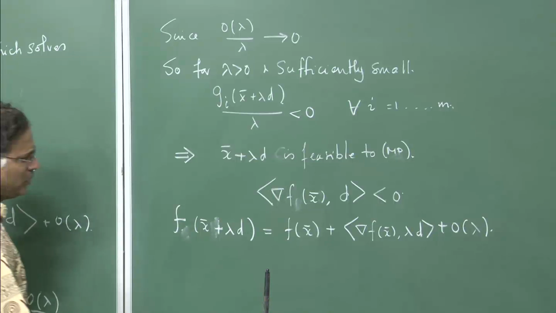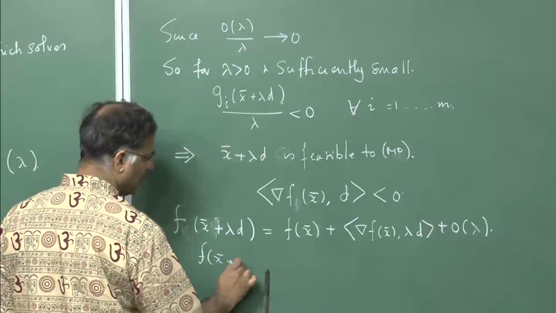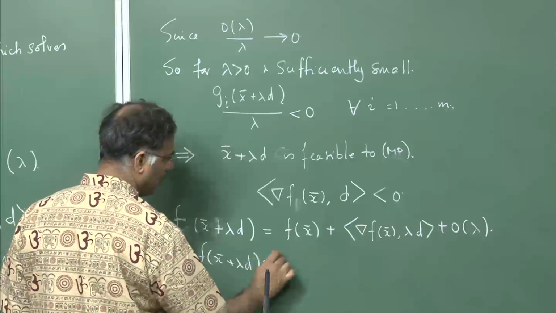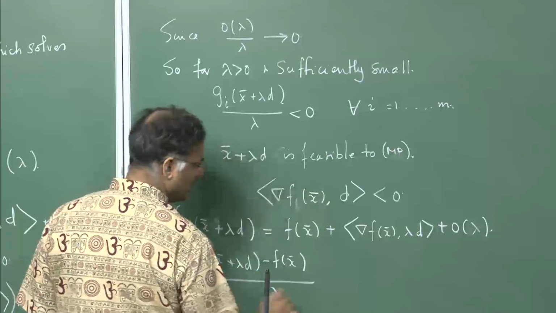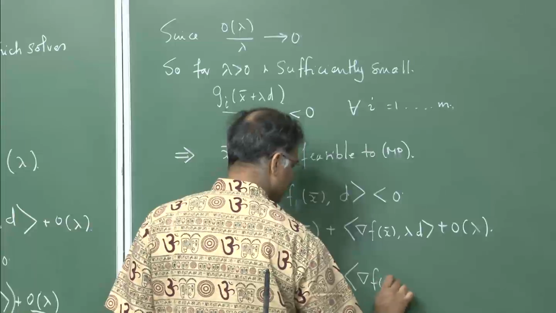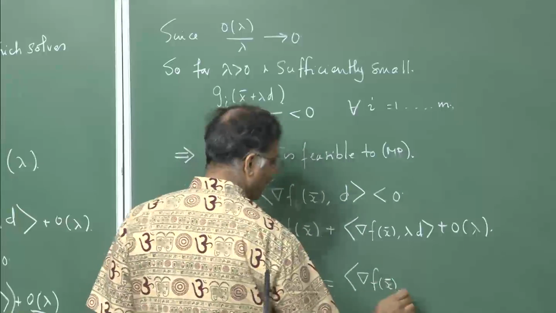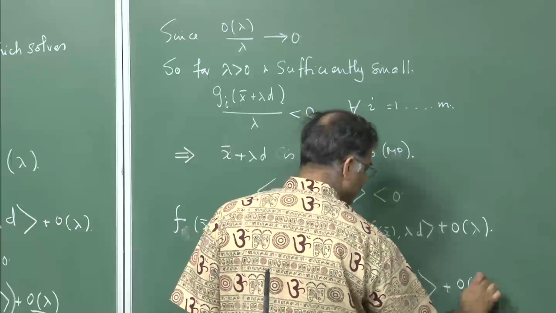So, this means now that f of x bar plus lambda d minus f of x bar, by lambda, is equal to grad of f x bar d plus o lambda by lambda.